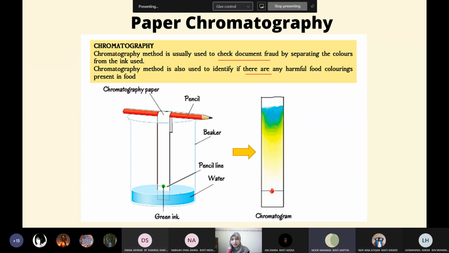Filtration. Filtration. Okay, what else? Flotation. Okay, what else? Sedimentation. Sedimentation. Decanting. What else? Last one? Chromatography. Yes, chromatography. Okay, so all 7 methods you need to know.